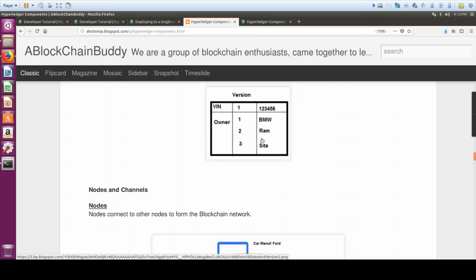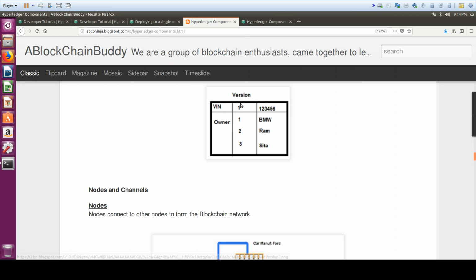And Ram sold this car to Sita, the version is incremented to 3. But the version of the VIN number remains the same because it is not changing. Whoever owns the car, only the owner gets changed, the VIN number is not changing.